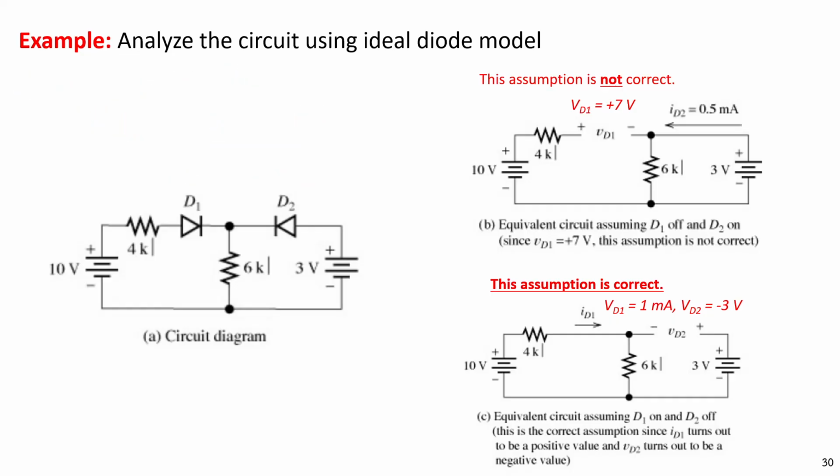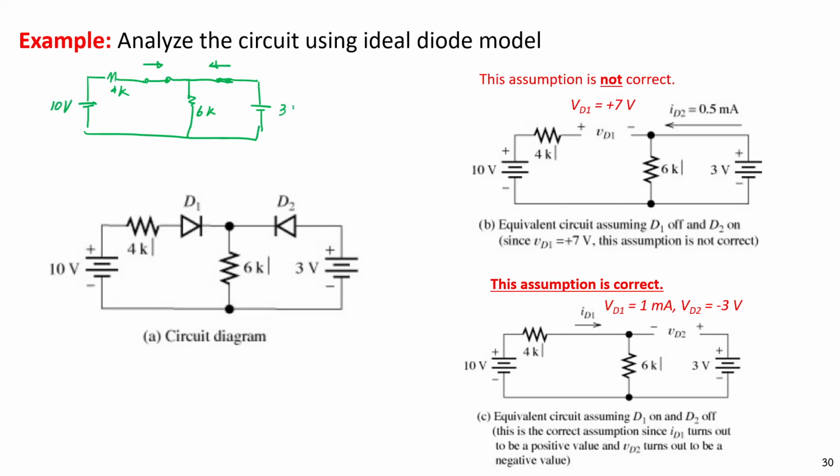So if we assume both diodes conduct, what happens? Conduct. The current should flow here, with this direction. This is 6K and this is 4K and this is 10 volt.